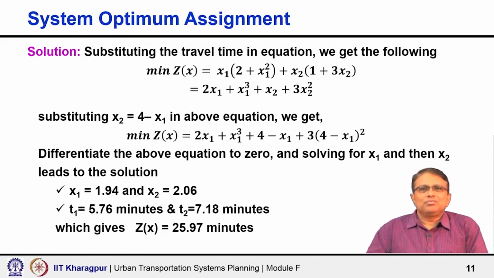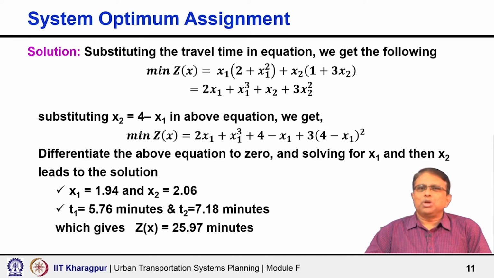So, I say 2 plus x 1 square is the travel time for path 1. So, 2 plus x 1 square multiplied by x 1, which is the flow that is going to get distributed or the demand that is going to come here.